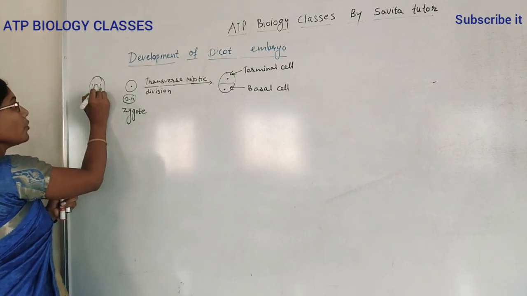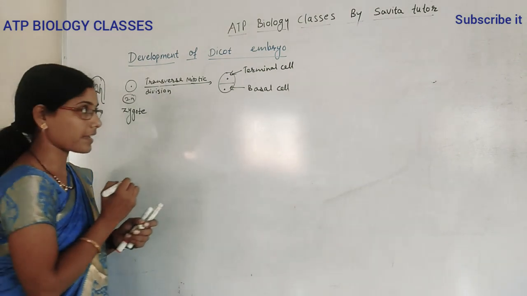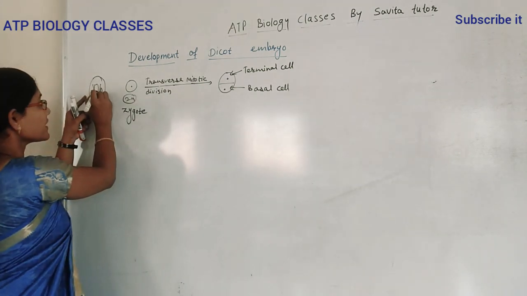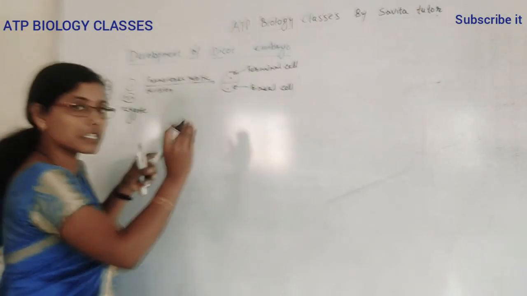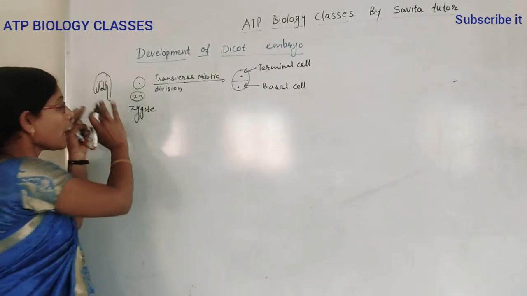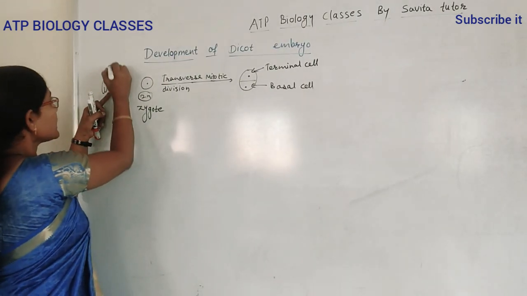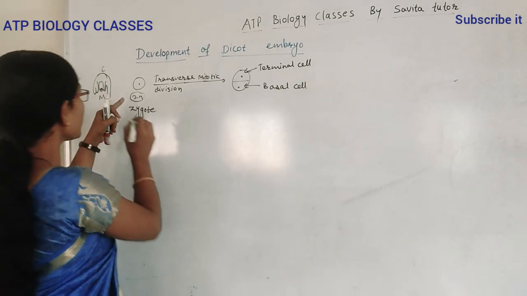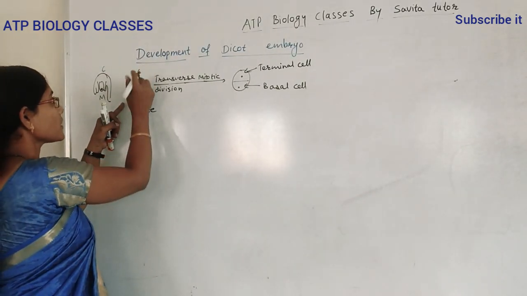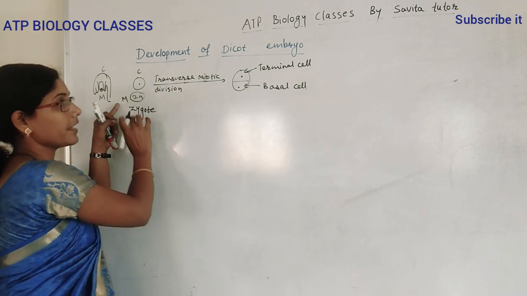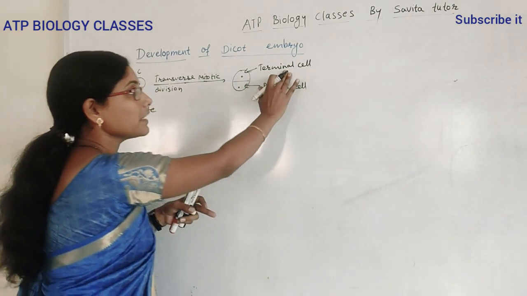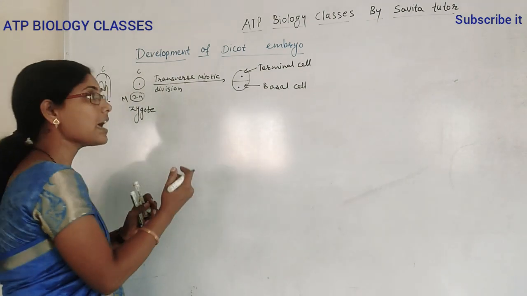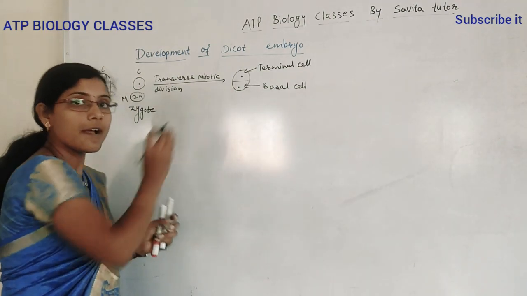And the embryo is forming here in the embryo sac, right? Means the zygote. That zygote is going to divide and forms the embryo. How? You can say that this is the chalazal end of the ovule and this is the micropylar end. Same way we are considering the ends. So that's why we are saying that the terminal cell is the cell towards the chalaza and basal cell is the cell towards the micropyle.